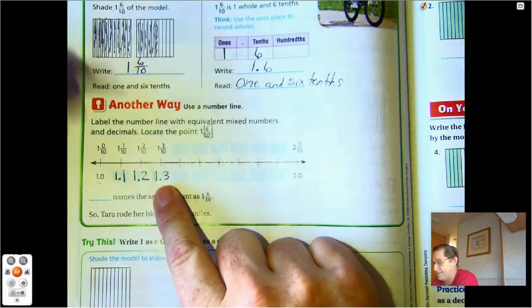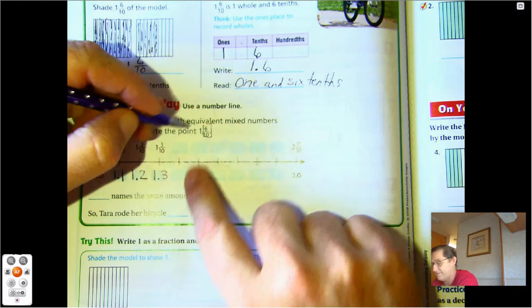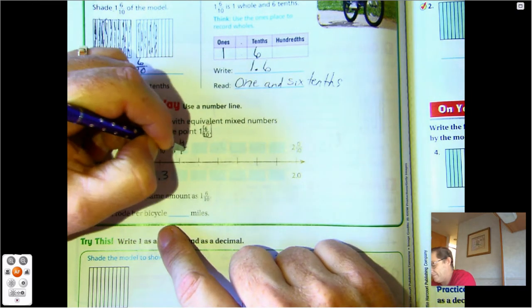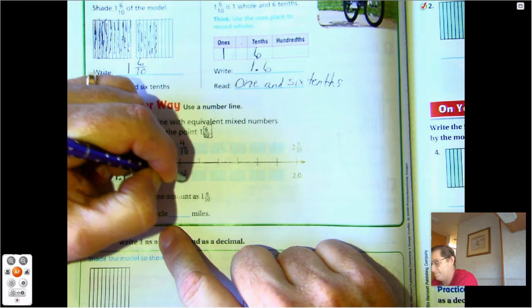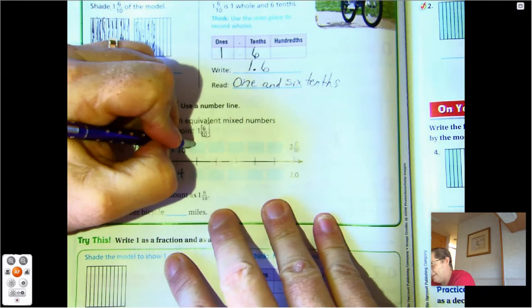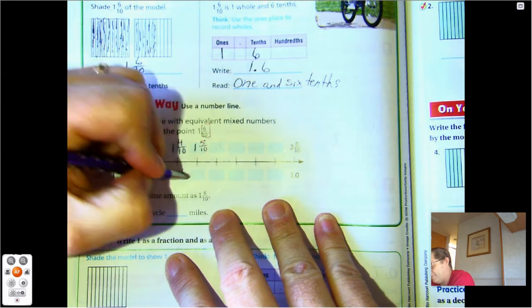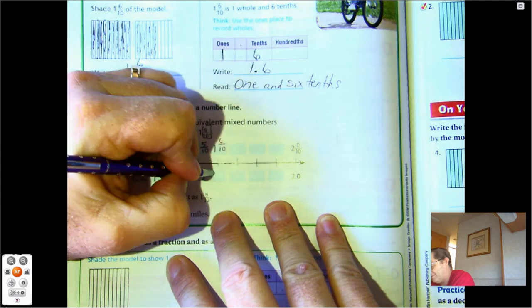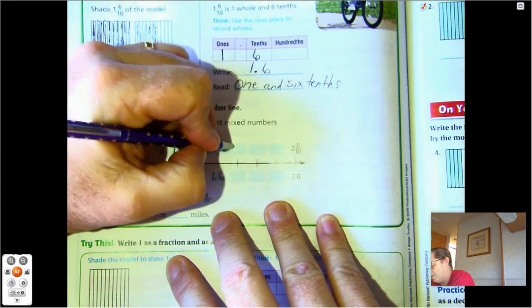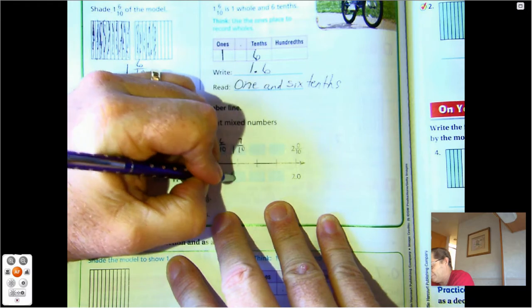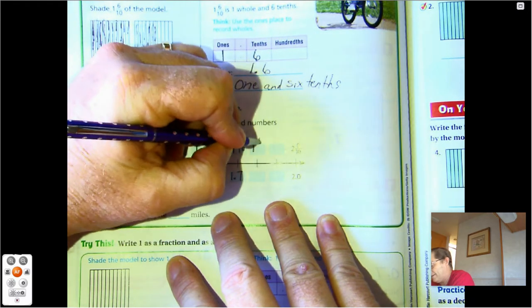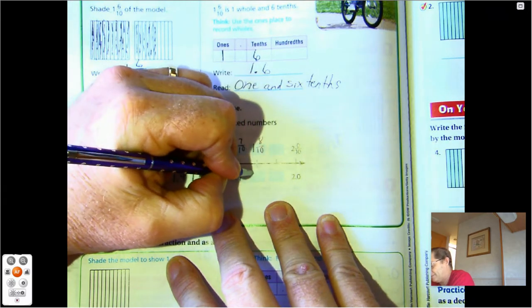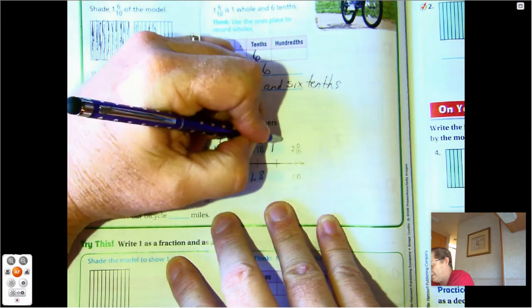Okay, so 1 and 3/10. What would come after 1 and 3/10? 1 and 4/10. 1 and 5/10. 1 and 6/10. 1 and 7/10. 1 and 8/10. 1 and 9/10.